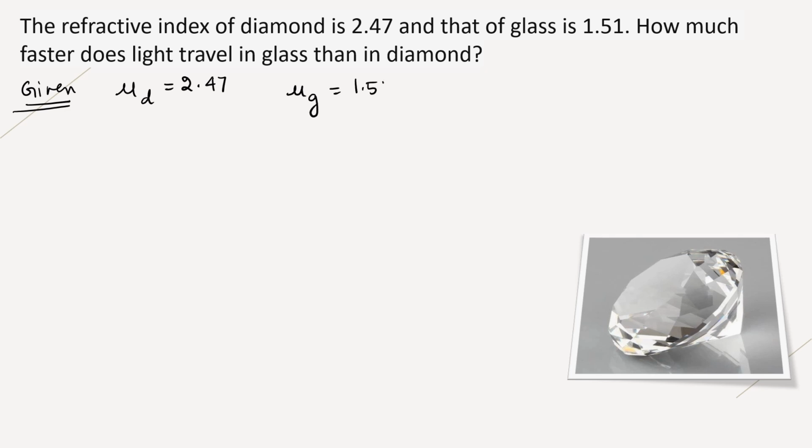Before proceeding, one thing let me tell you. In the first question we learnt that the definition of refractive index of a medium is the ratio of speed of light in air to speed of light in the medium. The numerator is also speed, so its unit will be meter per second, and the denominator is also speed and its unit is also meter per second.